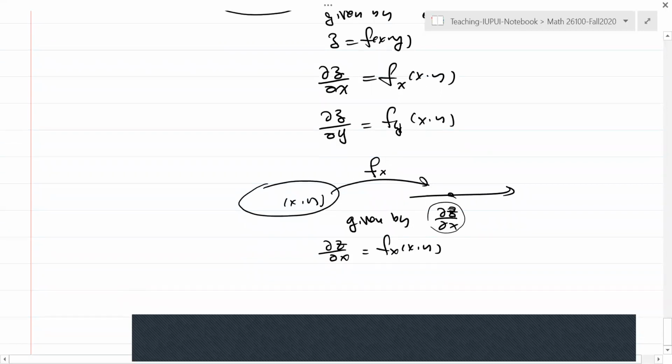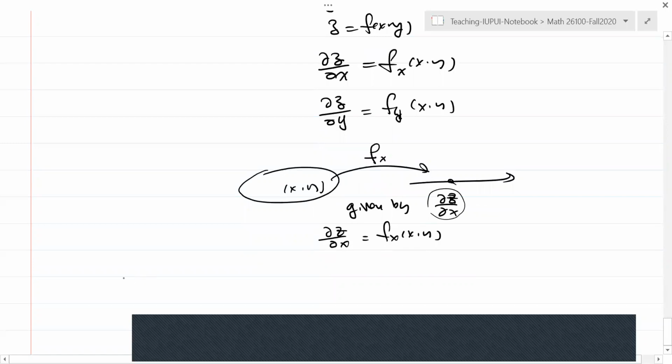The meaning of partial z over partial x is the rate of change of z with respect to x, the rate of change in the quantity z with respect to x.